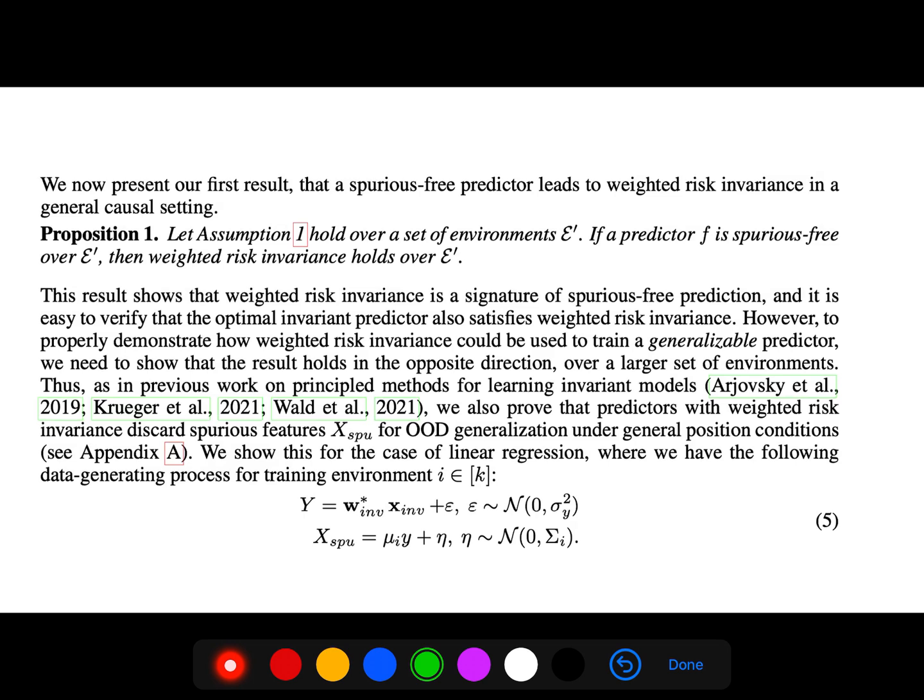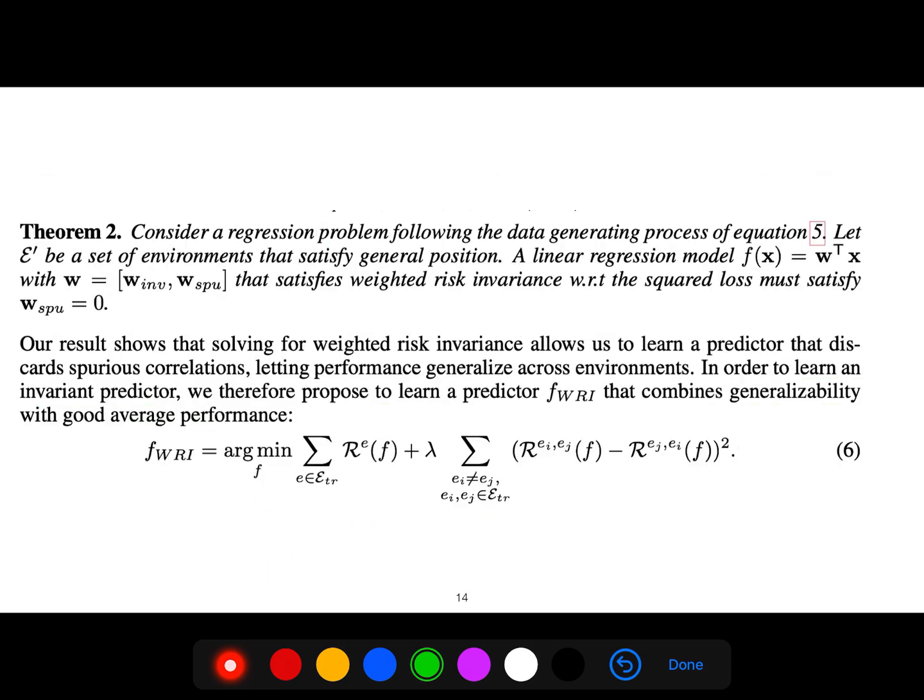So we have a data generating process for training environment i, for example, where epsilon is just a normal variable with mean 0 and sigma. And similarly, eta is a normal variable with mean and covariance. Then we can generate data, which is the spurious feature and this is our y.